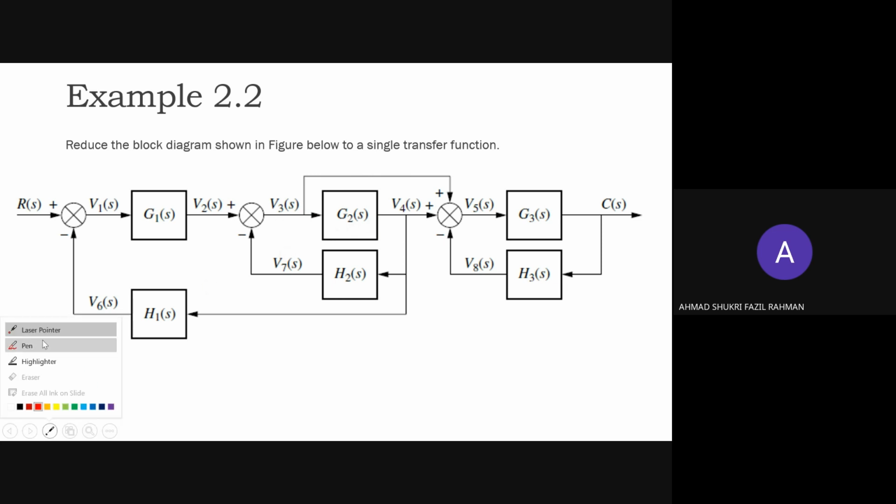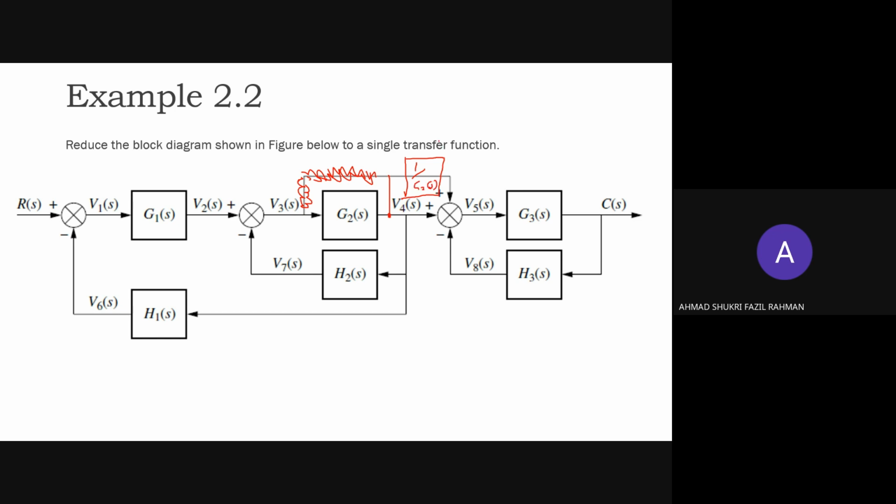So the best option would be here. Okay, we connect to here. So this one would be clear. The problem here would be clear, and this one should be 1 over G2S.